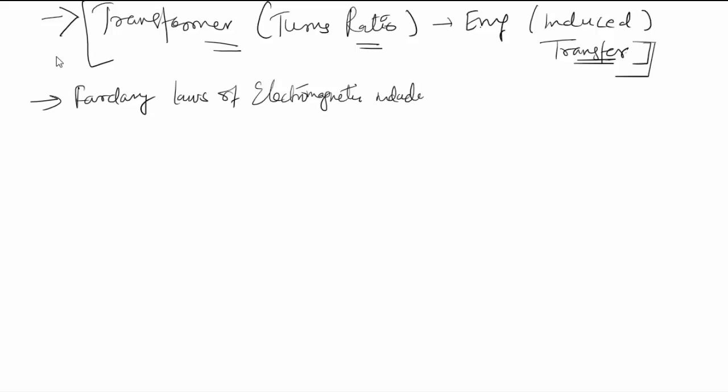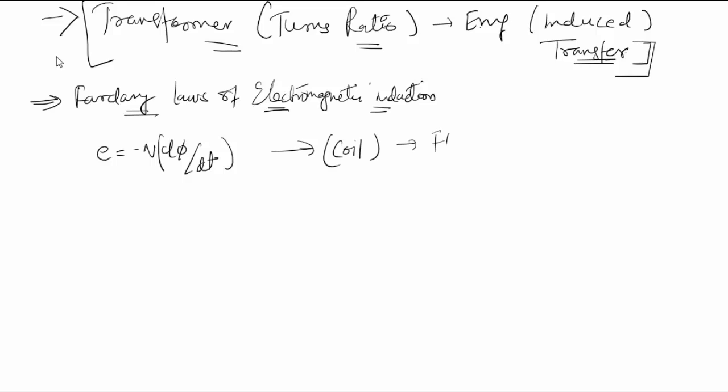What you know is that Faraday's laws of electromagnetic induction said, as we saw previously, that E is equal to minus n d phi by dt is the EMF induced in any coil if the flux linking with the coil is changing.